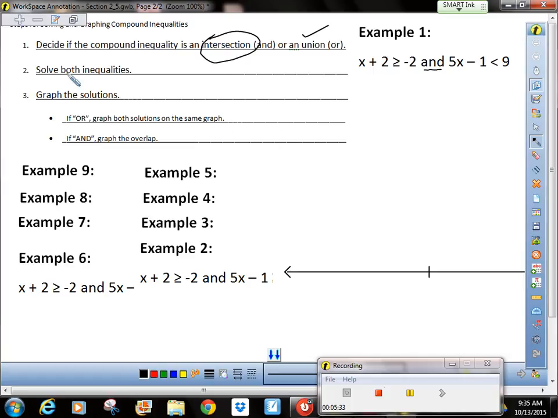Step 2, we're going to solve both inequalities. So I'm going to subtract 2 on both sides here. Now I've got this one finished. Then I do this one here.